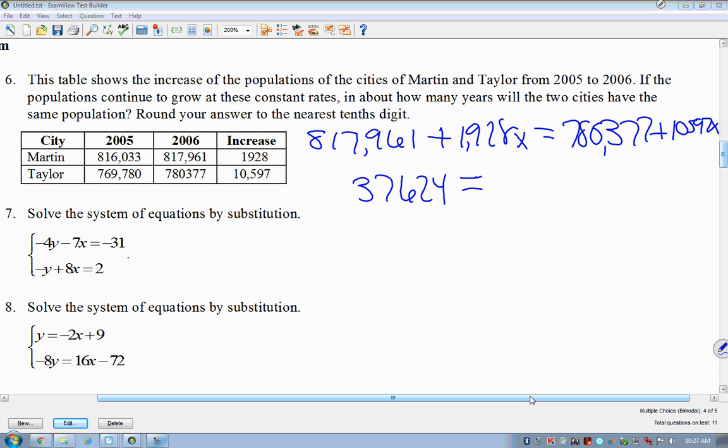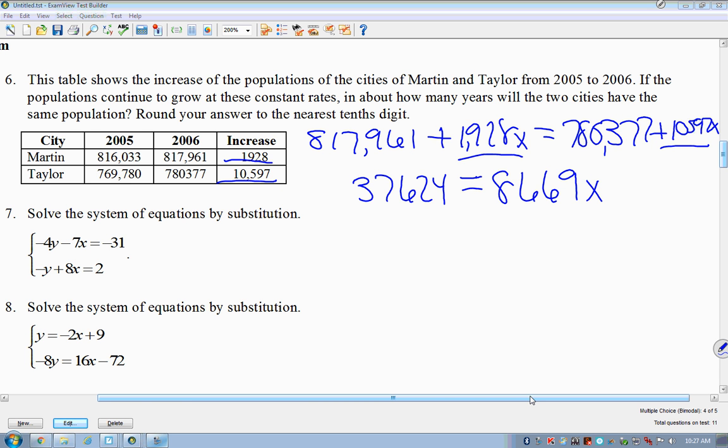It's like 8,669x. All right, now if I want to solve for x, what do I have to do?